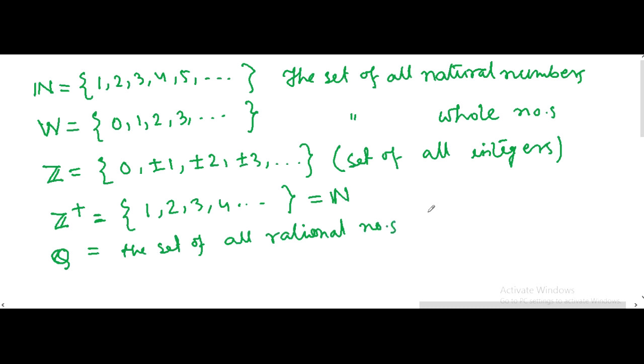Now, what is a rational number? The rational numbers are those that can be represented as p by q form, where p, q are integers and q is not equal to 0. And we use Q plus to denote the positive rational numbers.